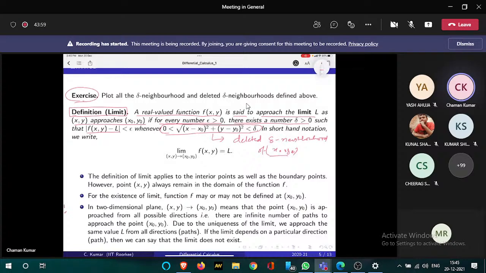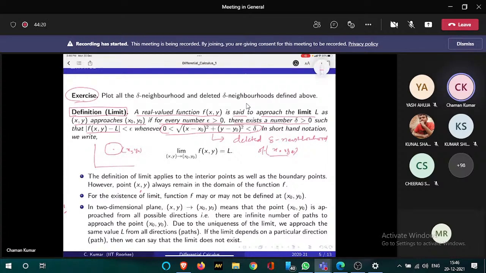So what do we say here? Basically it means that you have this point x0, y0, and you create a small neighborhood of shape, let's say circle, a deleted neighborhood. So this point is not there.